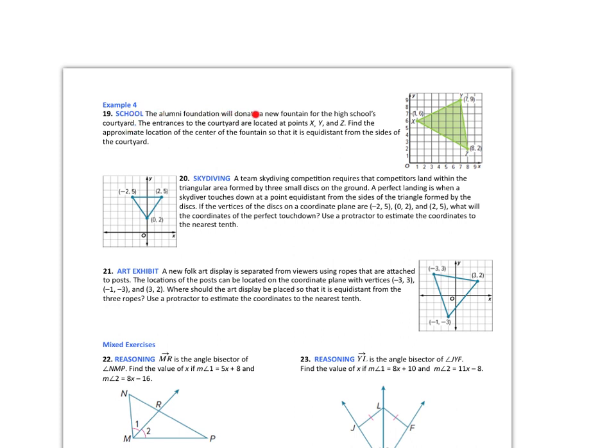The entrances of the courtyard are located at X, Y, Z, and they want to find the approximate location of the center of the fountain so that it is equidistant from the sides of the courtyard. So we're looking for something that is going to be equidistant from here. We're looking in this area.